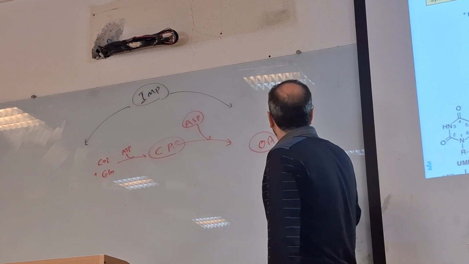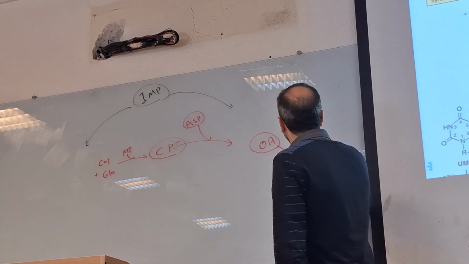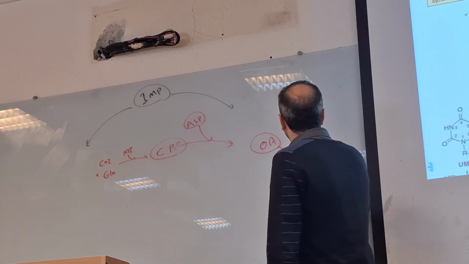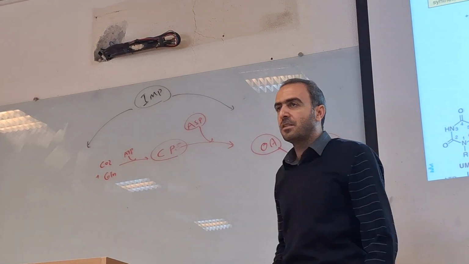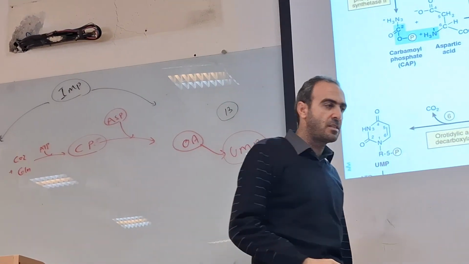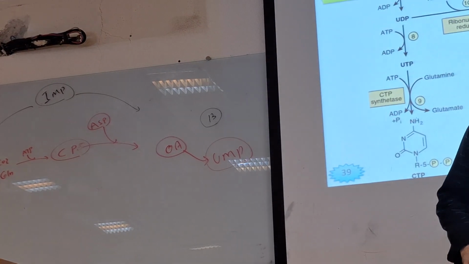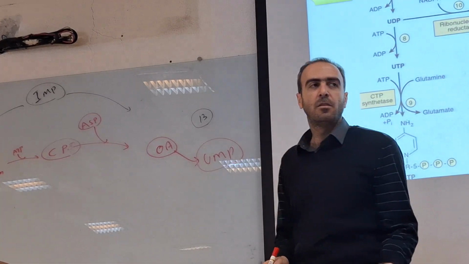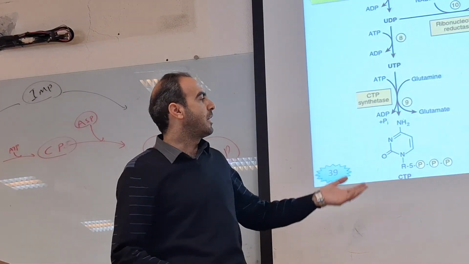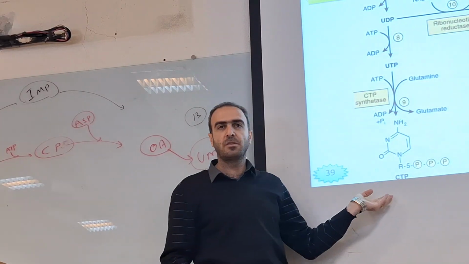Orotic acid is converted to UMP. UMP is the first pyrimidine which is synthesized. Then we convert it to different pyrimidines, like thymine or cytosine.